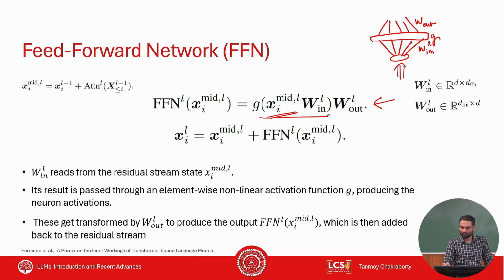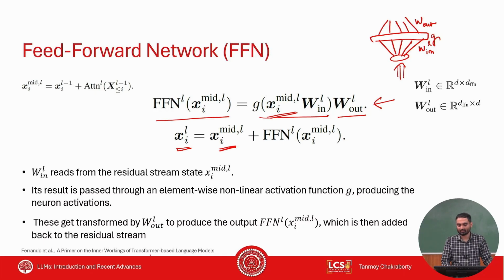This will further be fed through W_out, and this will produce the feed forward output. This FFN output will be added to the input through the residual connection, and this will produce the output for the residual stream.